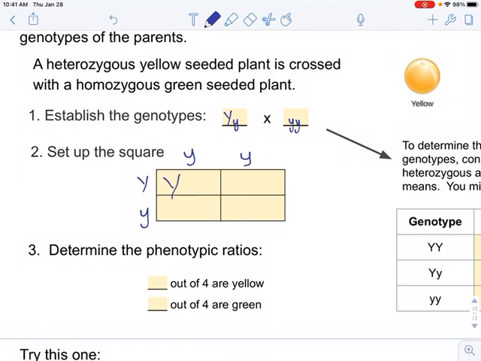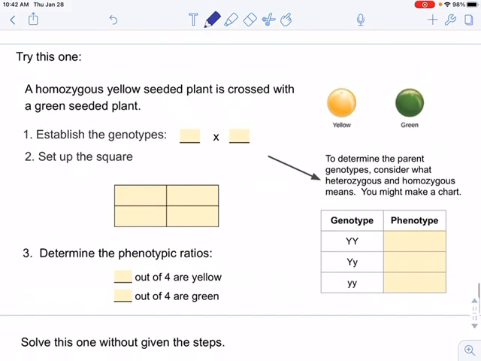And then we carry those alleles over into our boxes and carry the alleles from the top down into the boxes. So how many of these offspring are expected to be yellow? Hopefully you said 2. The top 2 would be yellow, which means that the bottom 2 would be green.